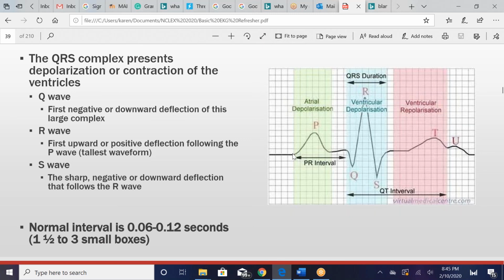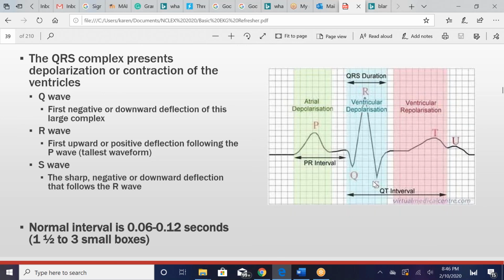This is the first spike, but this is the first inverted, which is downward. The R wave is the first upright or positive deflection following the P wave, which is the tallest. What it's saying is that after the P wave, this is the first upward one. Then you have the S, which is the sharp negative downward deflection that follows the R wave.